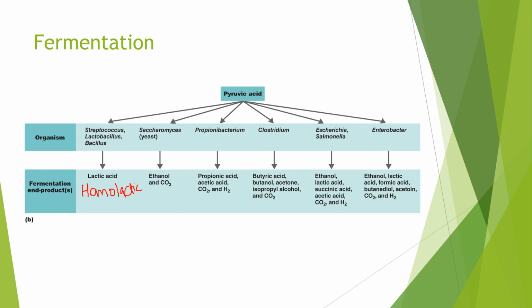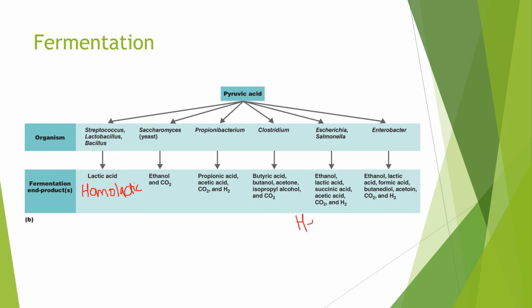Okay. Now, some bacteria, though, when they go through the fermentation process, produce a mixture of products. They could produce ethanol, lactic acid, acetic acid, some carbon dioxide. So as you can see, it's a bunch of different products. And so we refer to this type of fermentation as heterolactic.